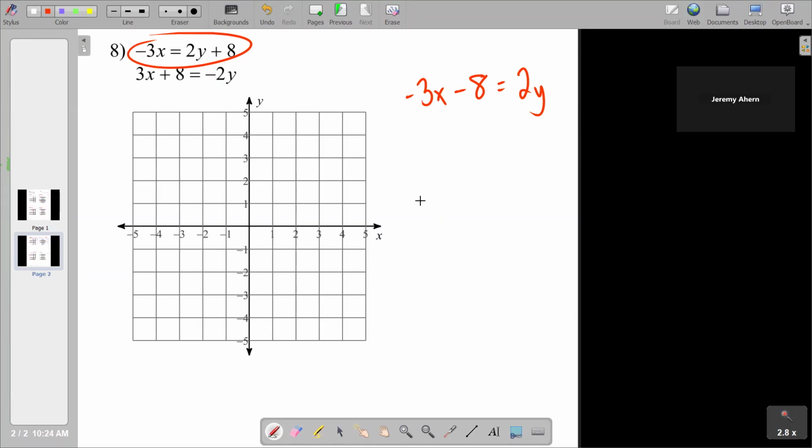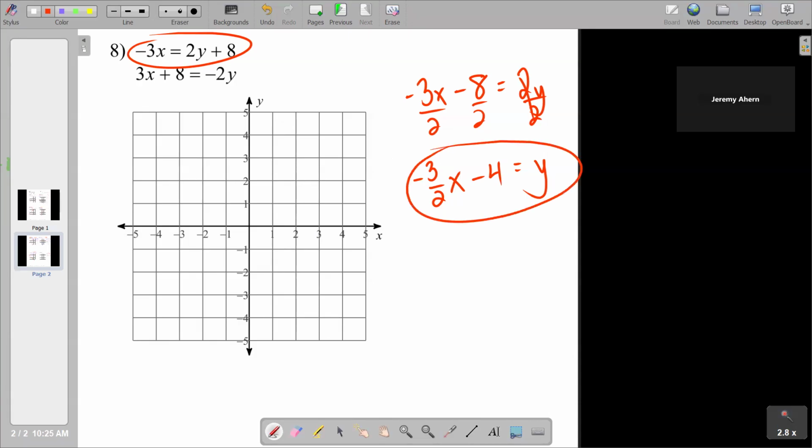And then what do we do? Divide everything by 2. So we divide, divide, divide, giving us y equals what? Just like that. So that one is ready for graphatology.